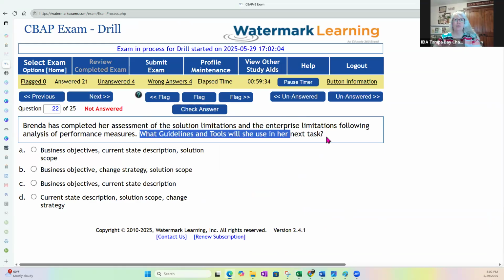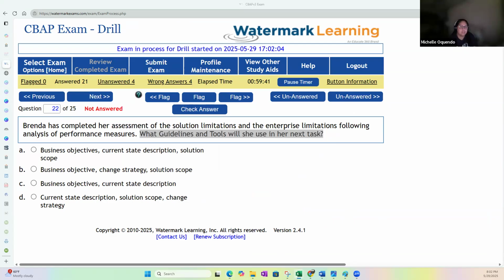What guidelines and tools will she use in her next task, which is going to be 8.3. I'm sorry, that's not right. She went through 8.3 and 8.4, assess solution limitations and assess enterprise limitations. Her next task is going to be recommend actions to increase solution value. What guidelines and tools?